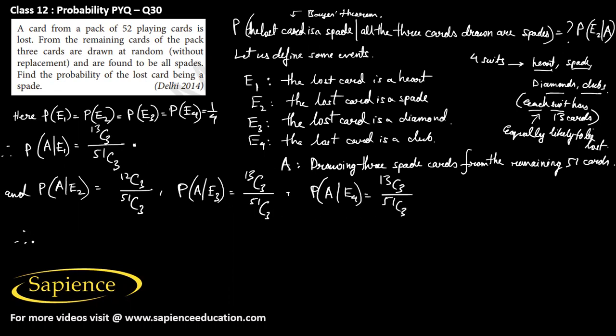So now, therefore, we have to find the probability that the lost card is a spade, given that all the 3 cards drawn are spades.